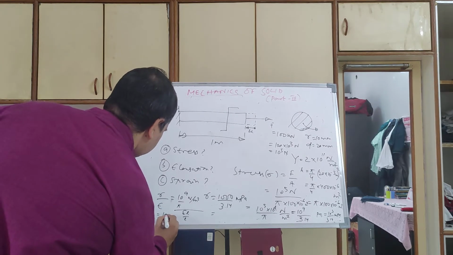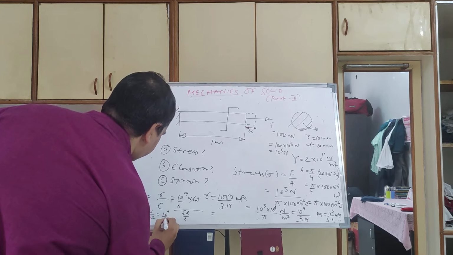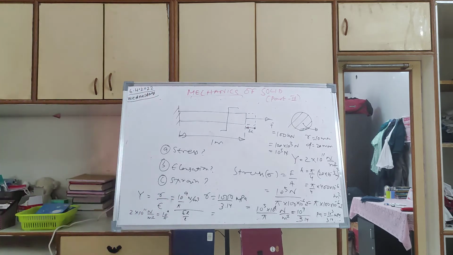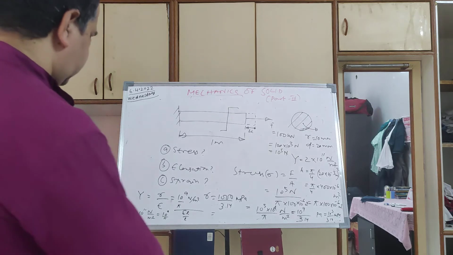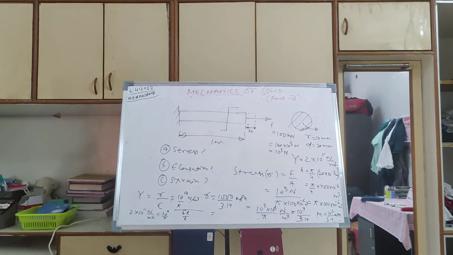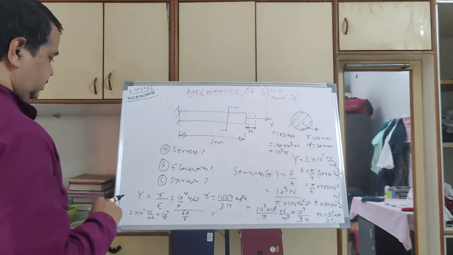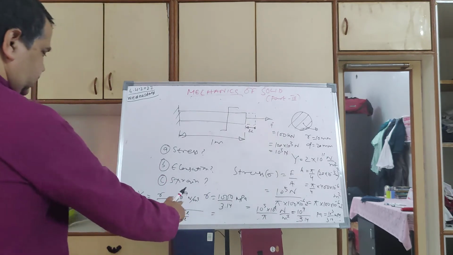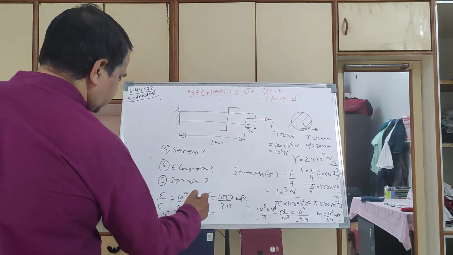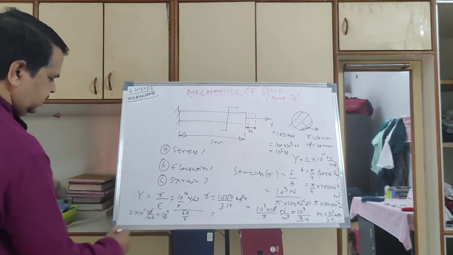Then 10 to the power 9 divided by pi Newton per meter square, divided by del L by L. Because L is 1, this side Newton per meter square and this side Newton per meter square will get cancelled out.